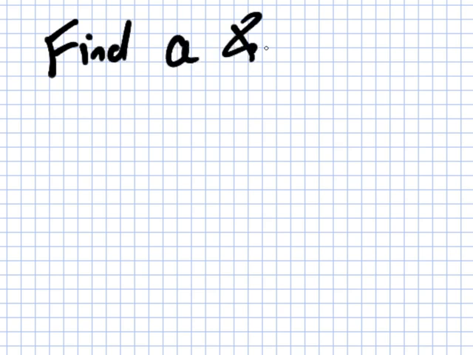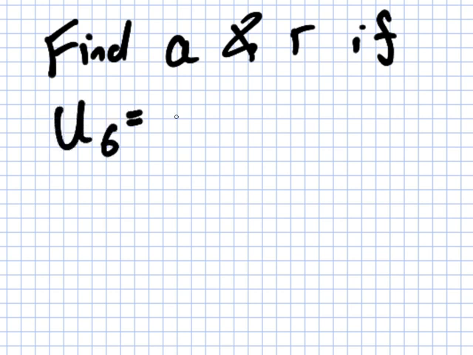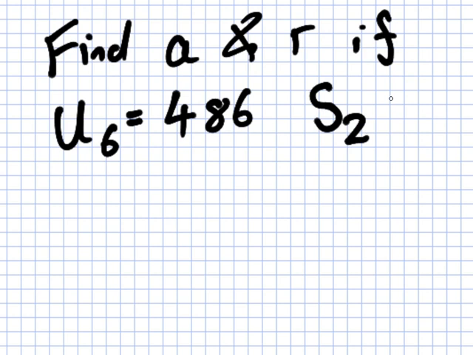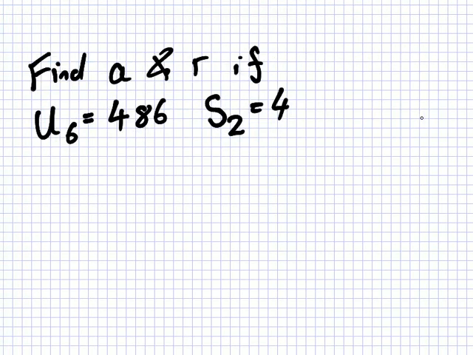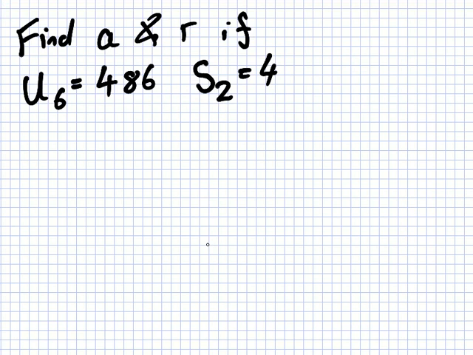So I tell you, find a and r if the sixth term is 486, and the sum of the first two terms is 4. Guys down the back, I can't teach when you're talking, please. Let's have a look at this one now.